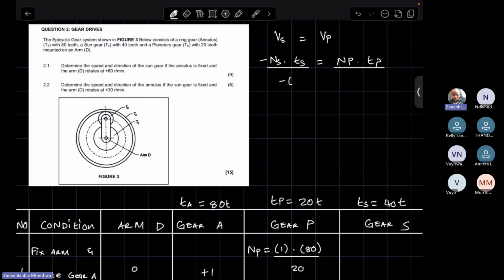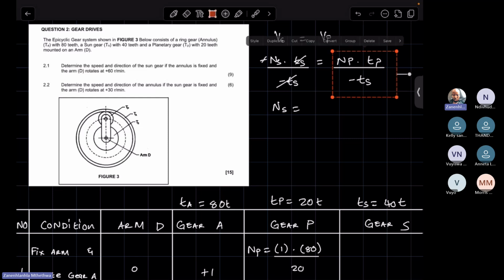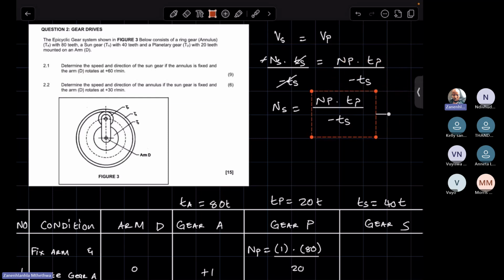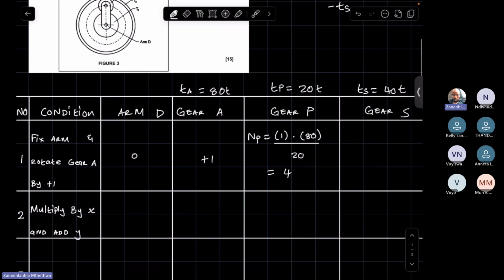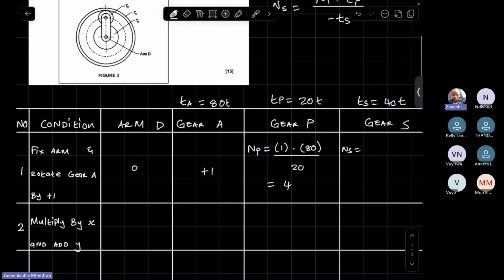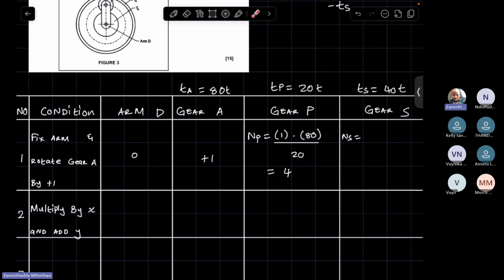So you divide by negative TS both sides. That cancels, therefore NS is equal to NP times TP divided by negative TS. Now bear in mind, you've already calculated NP and you got positive 4.